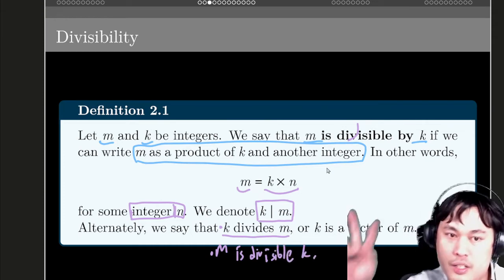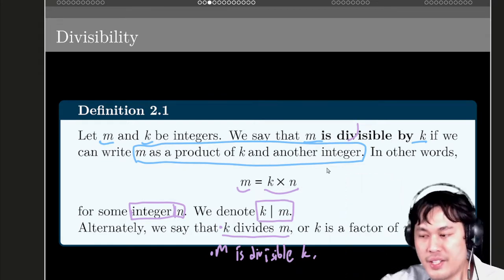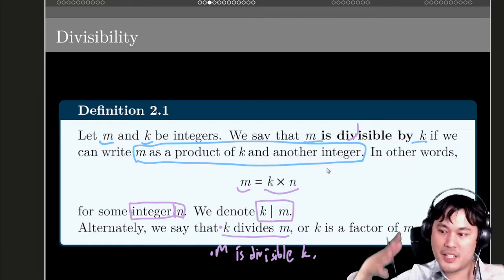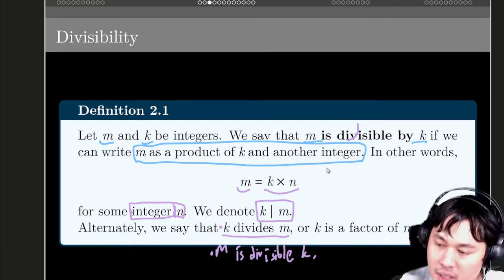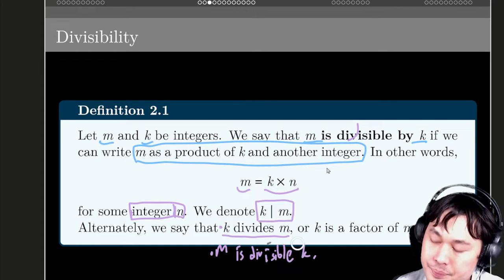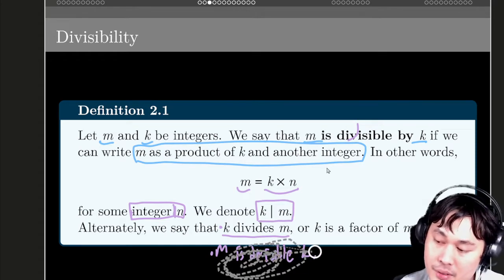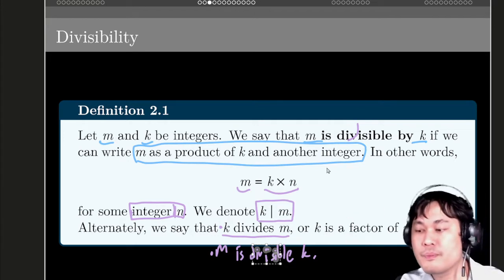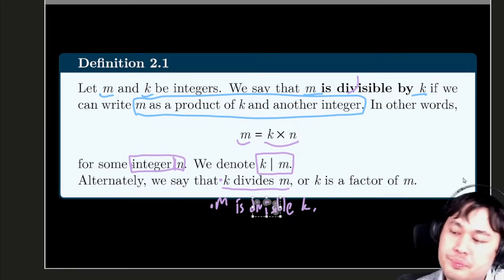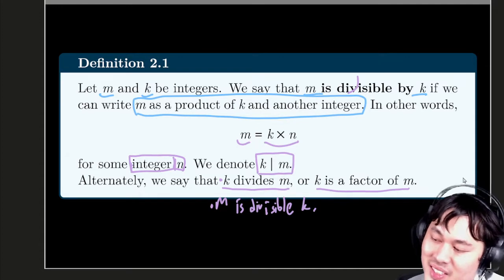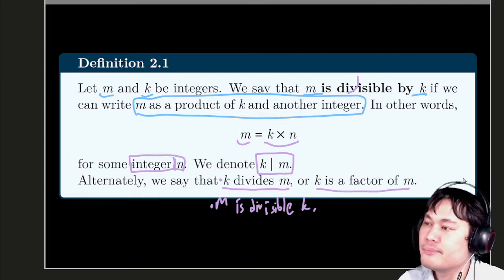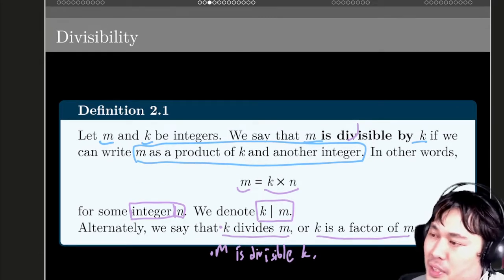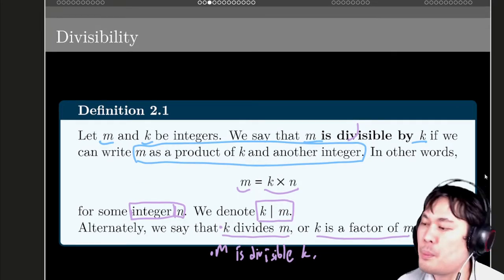Notice that the role changes. K divides m usually means m is larger, and then you use k to divide, to make them into smaller parts. On the other hand, m is divisible by k: m is something large. It can be divided and is divisible by a smaller number. There's another one, which is k, the factor of m. We discuss the concept of a factor in a moment. For now, that's the definition.